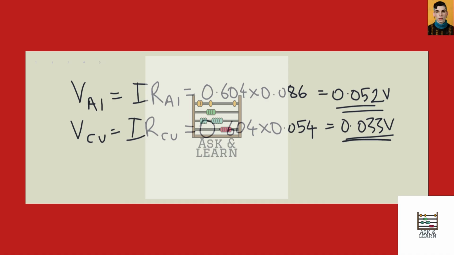After evaluating these expressions, I get the voltage of aluminum to be 0.052 volts or 52 millivolts, and the voltage of copper to be 0.033 volts or 33 millivolts.